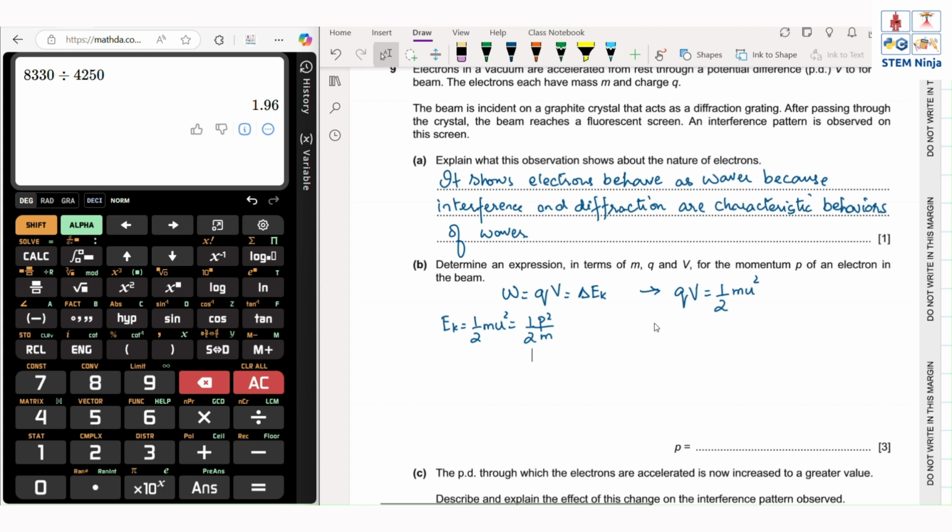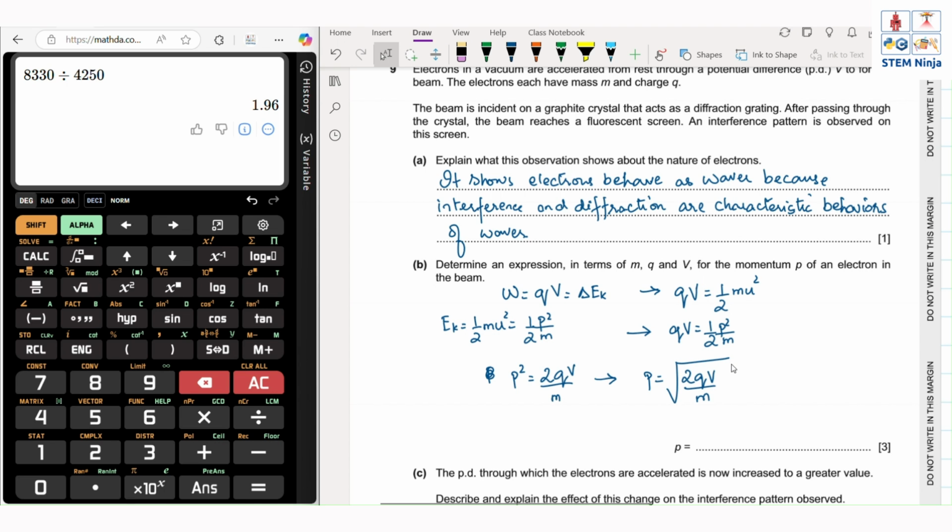So basically we can represent qV as p squared over 2m. So we need p squared as the subject: 2qVm. So therefore p will be the square root of 2qVm.